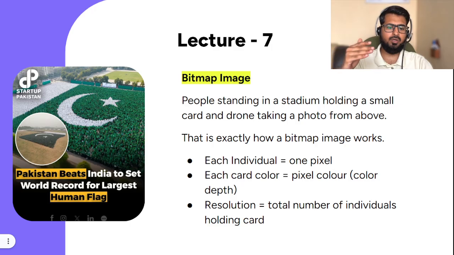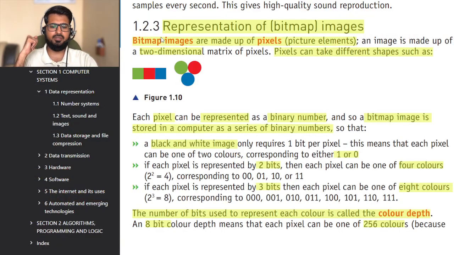The total number of individuals standing together to create a single image is called the resolution. So pixels, color depth or pixel color, and resolution are the three main concepts of bitmap images. You can consider it as a human flag: when a drone takes an image from above, you will see a single image, not individuals holding cards. So let's see what your book is saying about that concept.